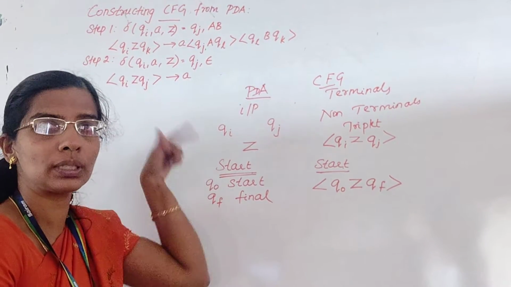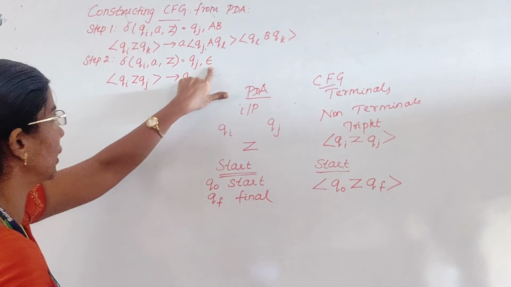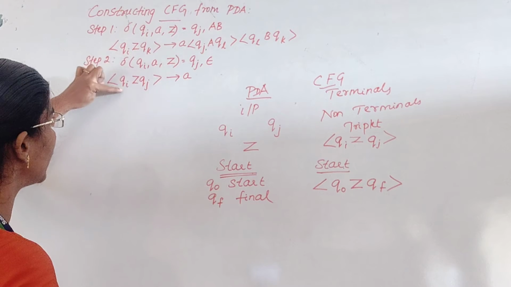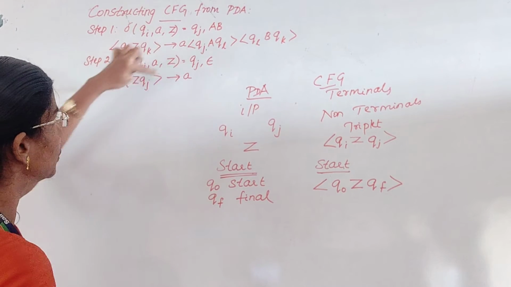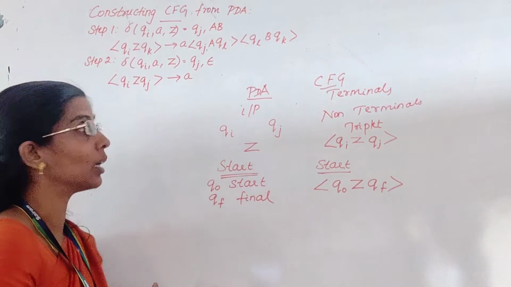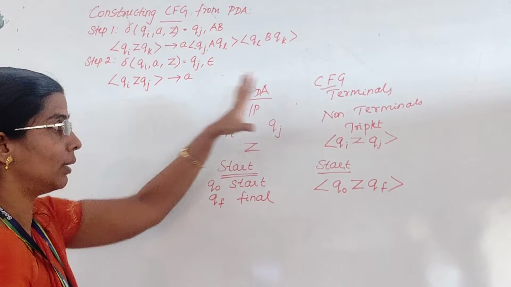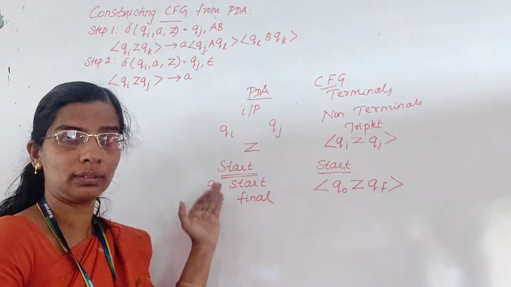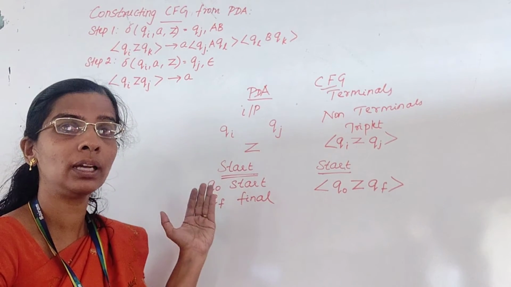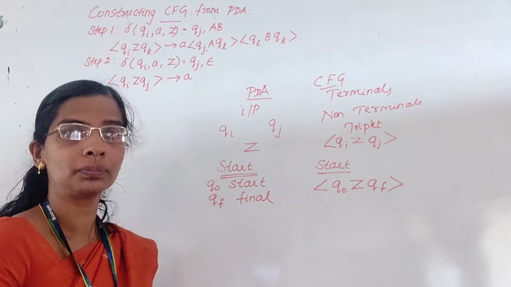So when you do the sum, it will be easy. Suppose you have any pop transition, how to write? QI Z QJ tends to my input symbol. So these two steps you have to remember, and these are the basic things in converting PDA to context-free grammar. We'll see a sum.